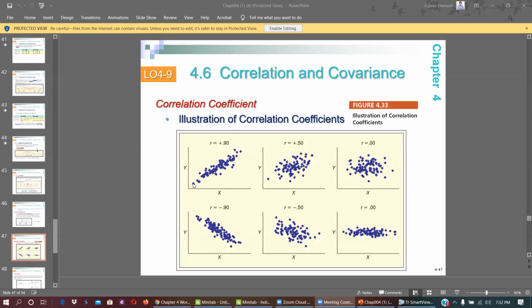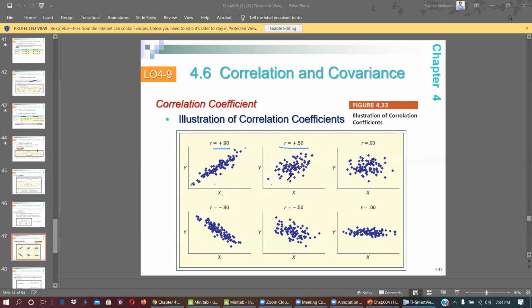So if you see there is a relationship between, this is x, this is y. If x is increasing and y is increasing, and you can see this is very close to a straight line, therefore r is 90%. This also has x increasing, y increasing, this is 50%.